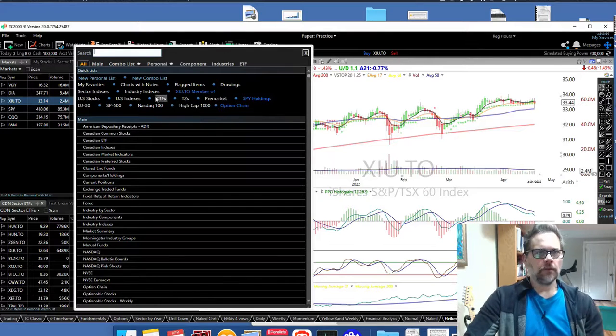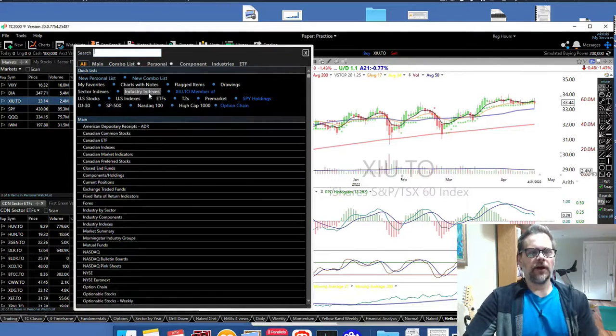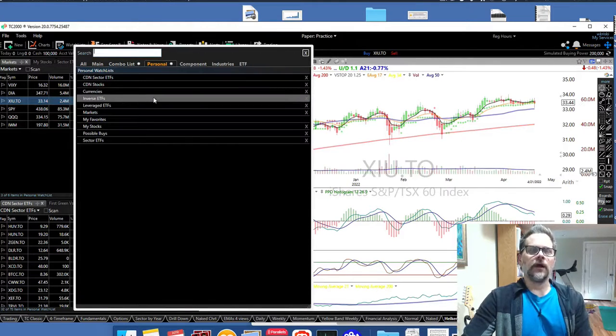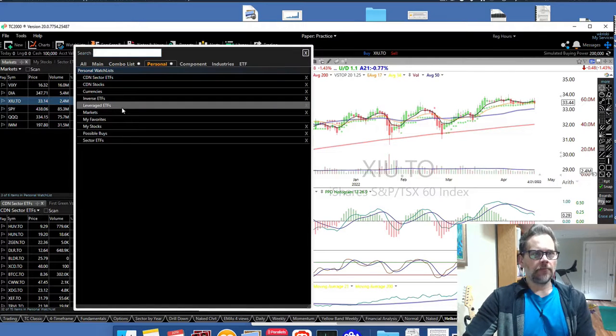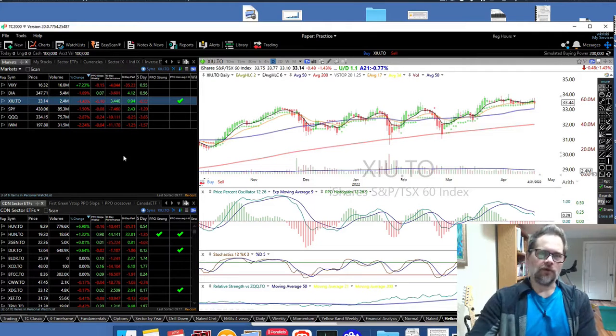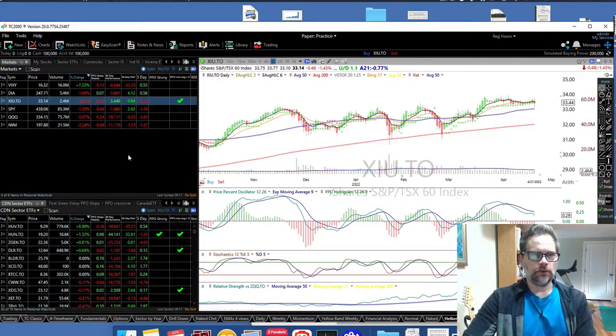There's the sector and industry, which are the higher level sectors. And then you've got personal. So I've set up a bunch of personal. So I've sort of filtered out a lot of my favorite ETFs and inverse funds and leveraged ETFs, instead of just scanning the whole database, or in addition to scanning the whole database. So the tabs are nice because you have a lot of data in a small space.